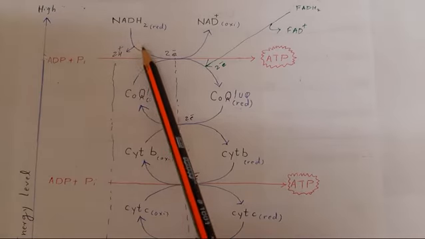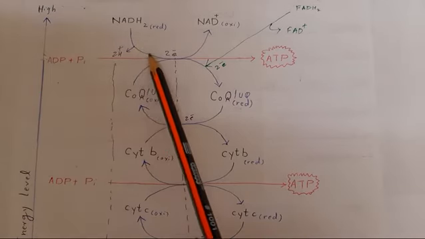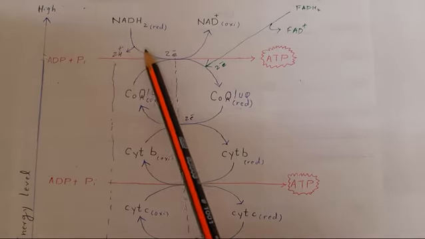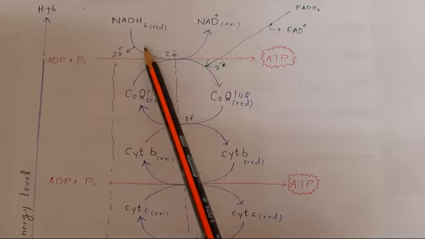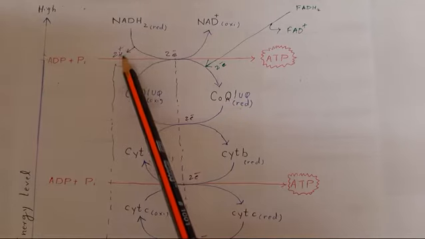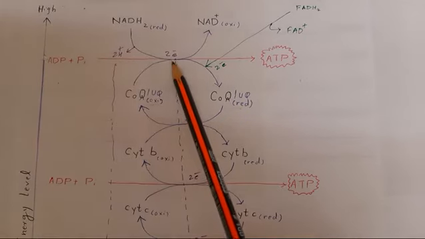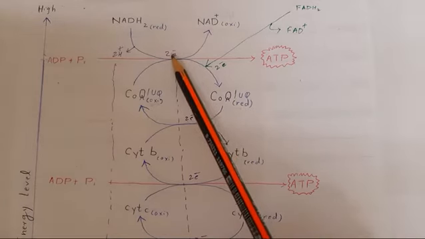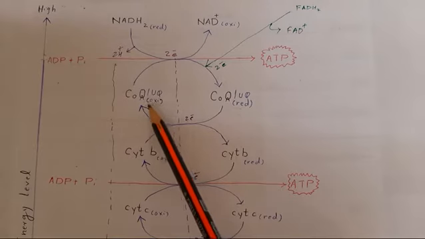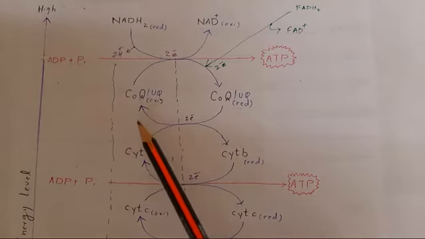These hydrogens are changed into hydrogen ions, electrons are removed from the hydrogen, so hydrogen is changed into protons, hydrogen ions, and electrons. These electrons now pass through a series of electron carriers called coenzyme Q and cytochromes, right?